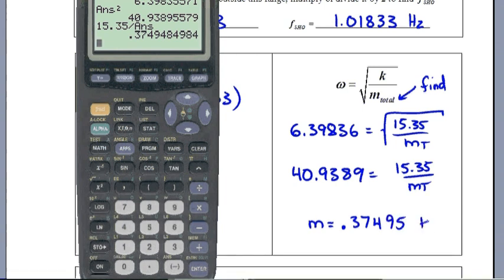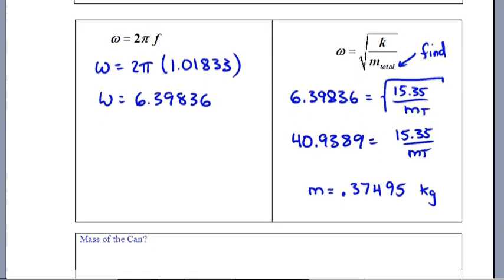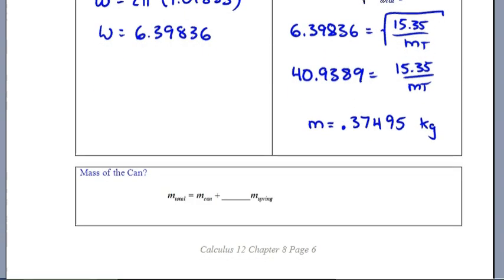0.37495-ish kilograms. Okay, quick little calibration to deal with the fact that the spring is actually bouncing around and I have to anticipate 1/3 of the mass of the spring changing that measurement.